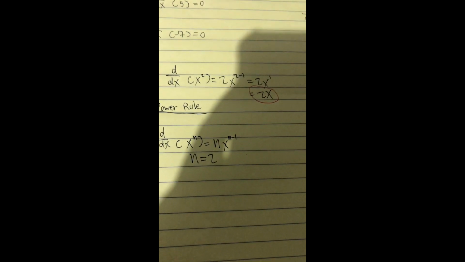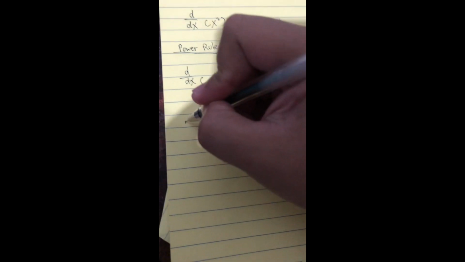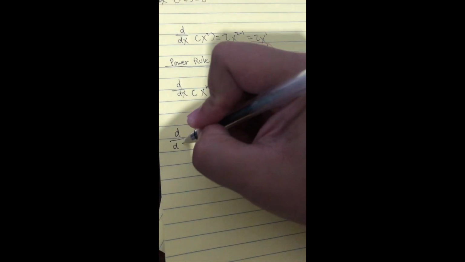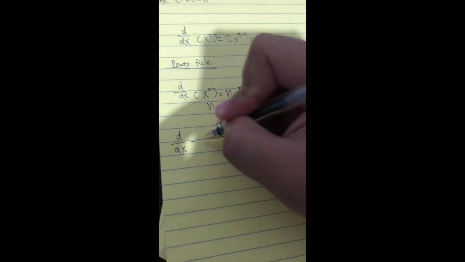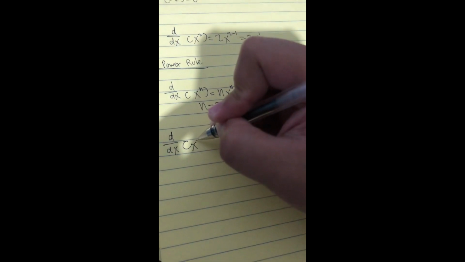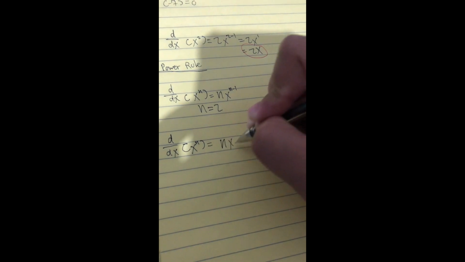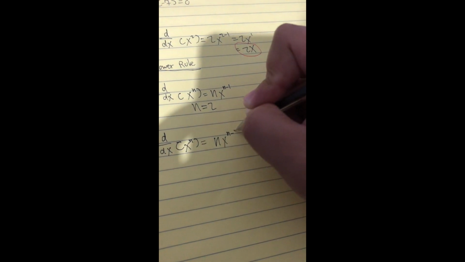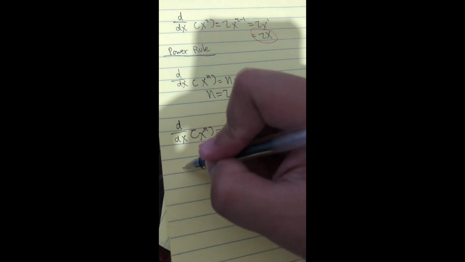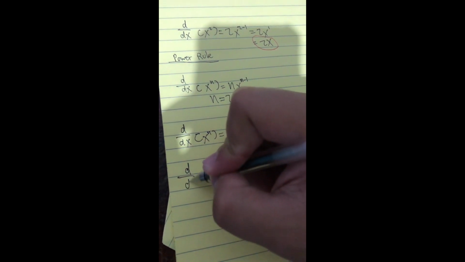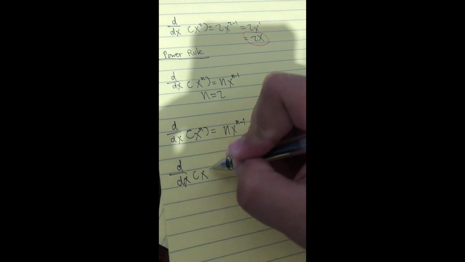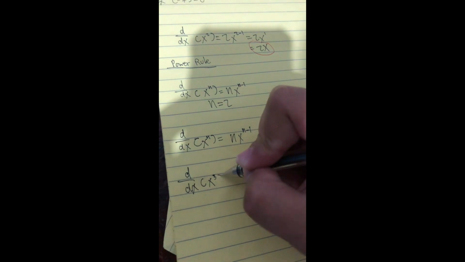So now we will solve more problems of this kind. We will use the same rule: the derivative of x raised to n is equal to nx raised to n minus 1. First, we will solve the derivative of x cubed.